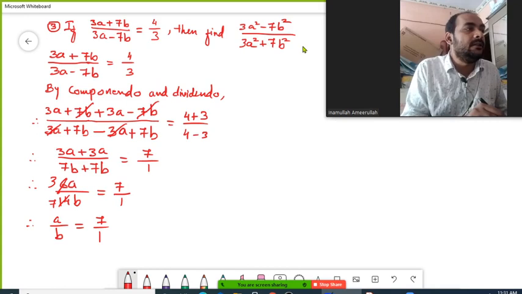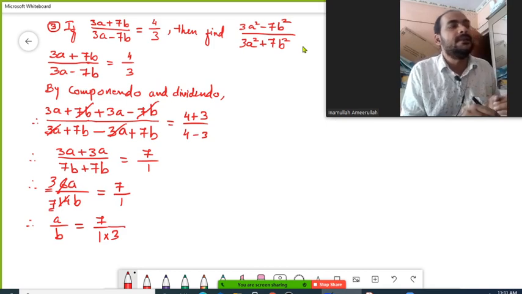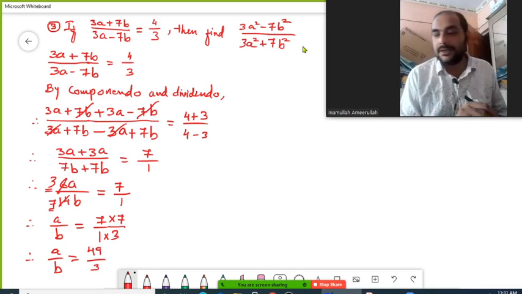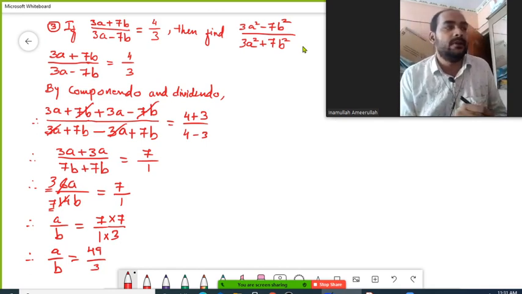This 3 is in the numerator, so when I send it to the other side, it will go in the denominator. And this 7 is in the denominator, so when I send it to the other side, it will go in the numerator. So we can have the value of a by b as 49 upon 3. 7 sevens are 49, 3 ones are 3. So this is the value of a by b, that is 49 upon 3.